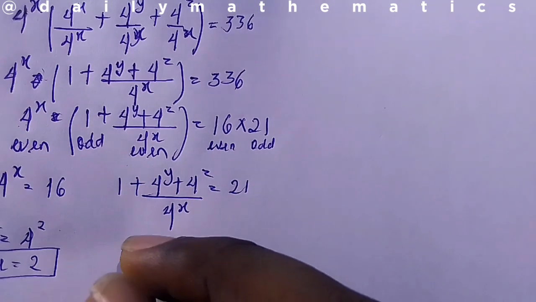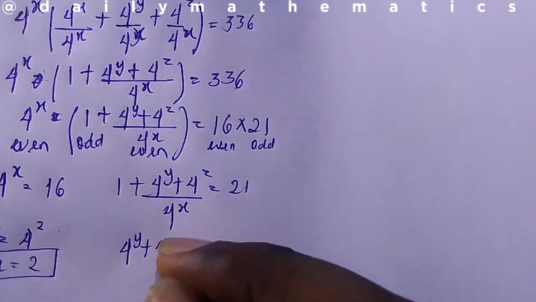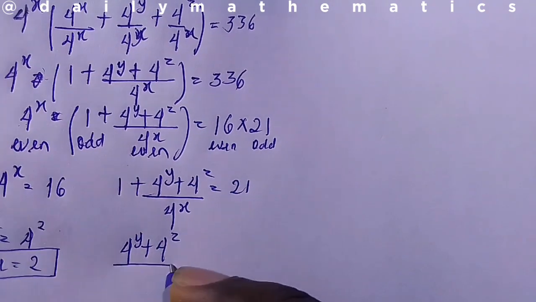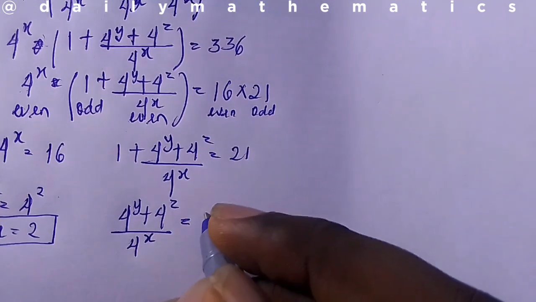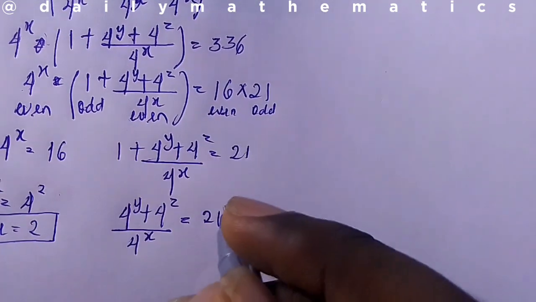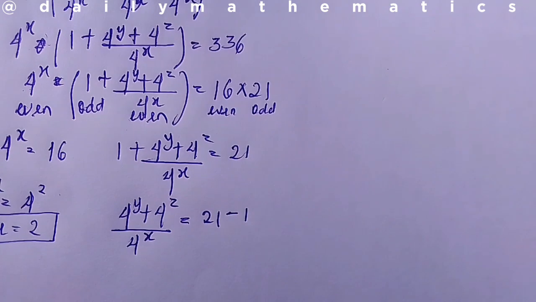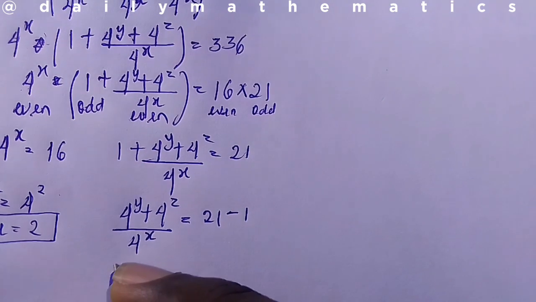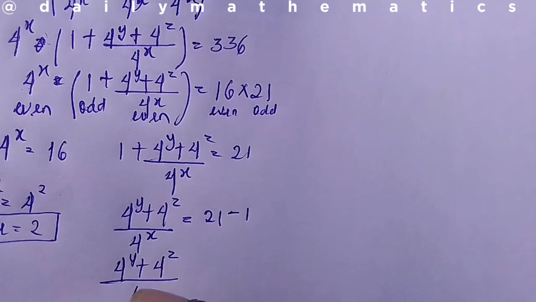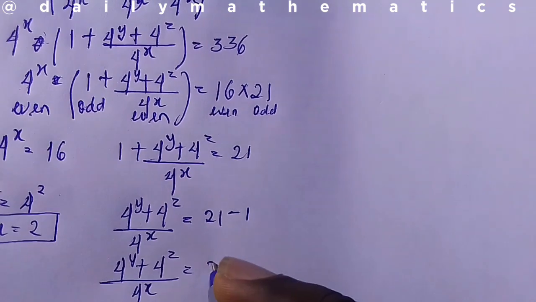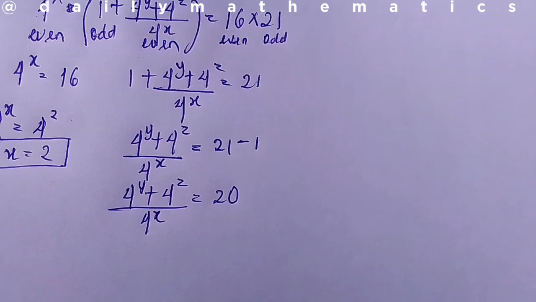So from here, what do we do? We can bring out this one. 4 raised to the power of y plus 4 raised to the power of z over 4 raised to the power of x equals 21. Then this is plus 1, it crosses to minus 1. Then this will give us 4 raised to the power of y plus 4 raised to the power of z over 4 raised to the power of x equals 20, right?